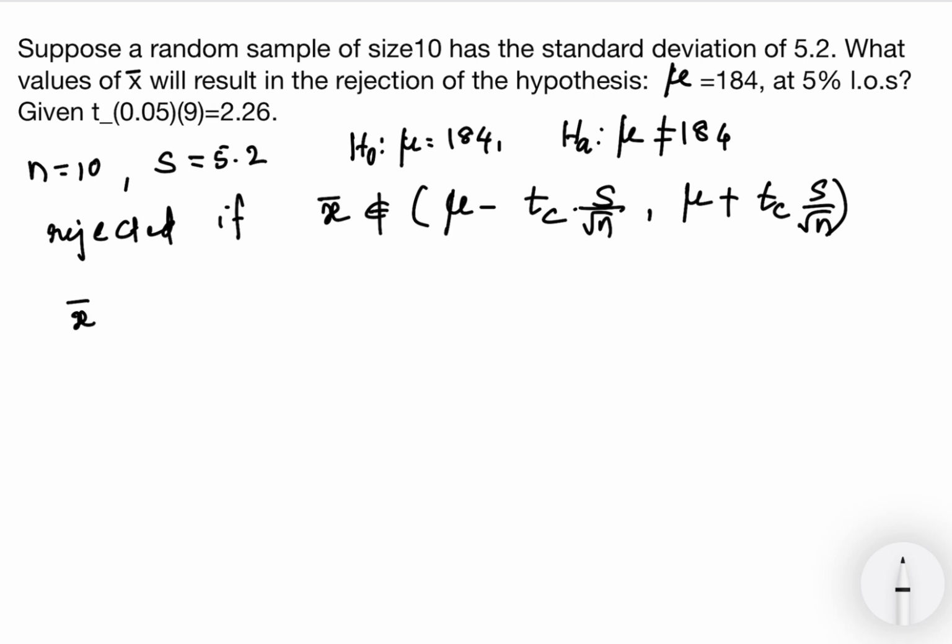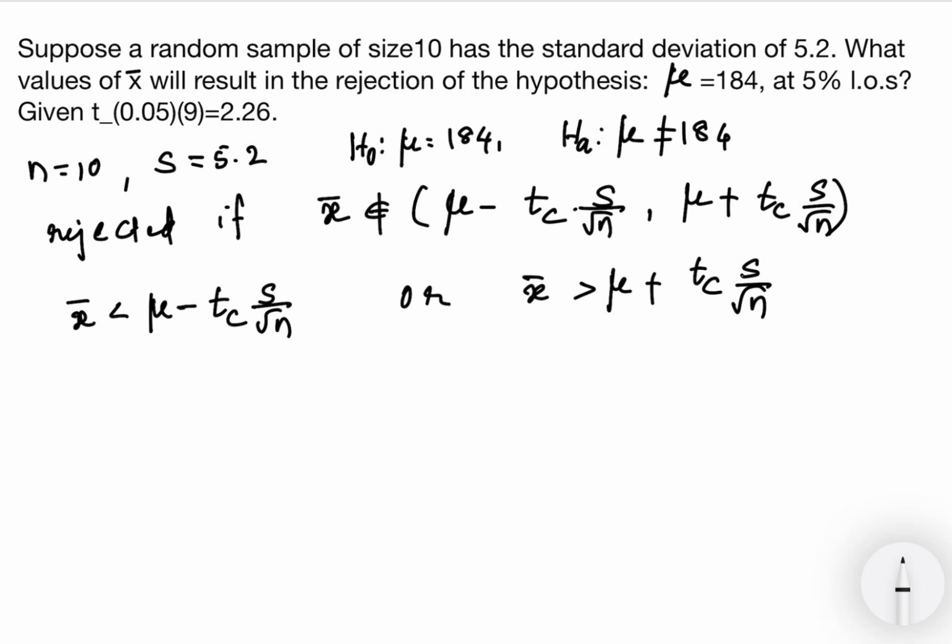So that means we will be rejecting the hypothesis if x bar is less than mu minus TC times S divided by root n, or if x bar is greater than mu plus TC times S divided by root n. Okay, less than or equal to, greater than or equal to.